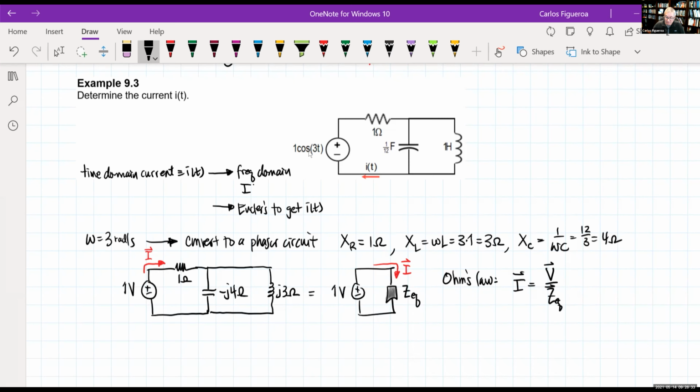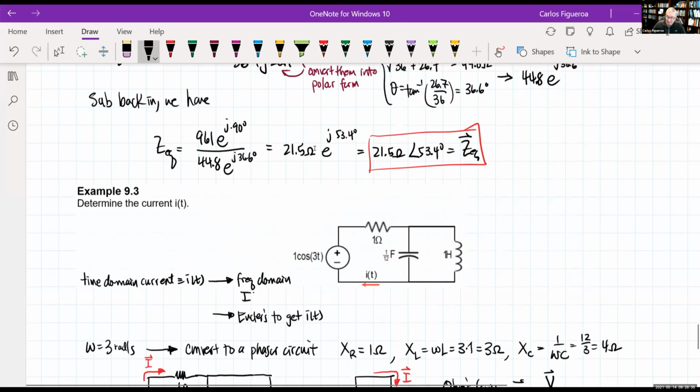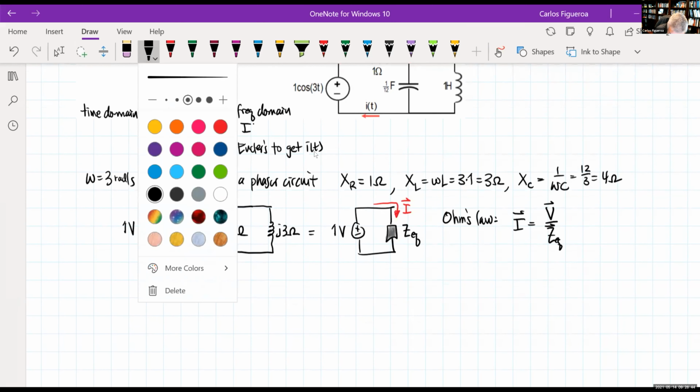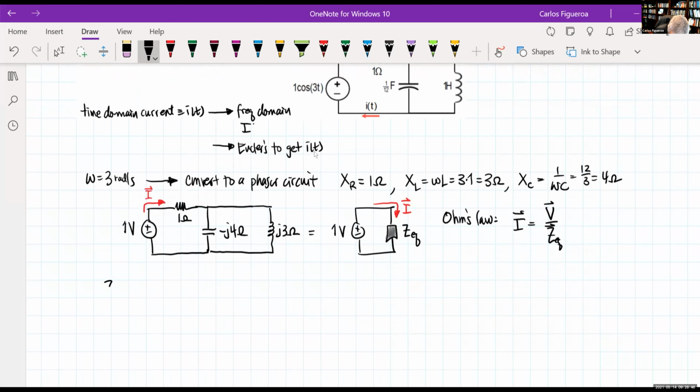Okay, so let's calculate this. The first thing I'm going to do is get the Z equivalent. So I have 1 in series with those two in parallel, so it's got to be minus j4 parallel to j3.